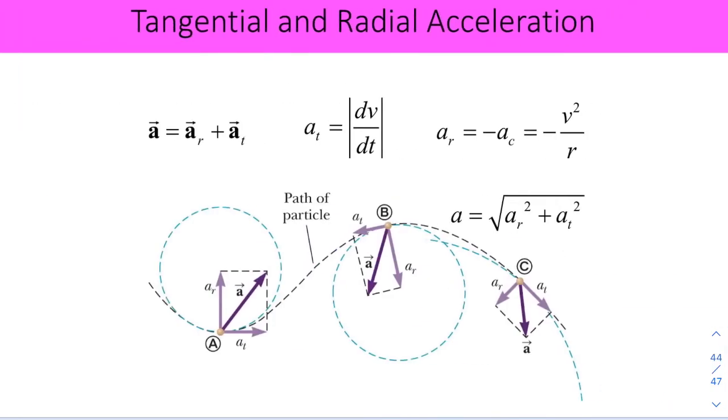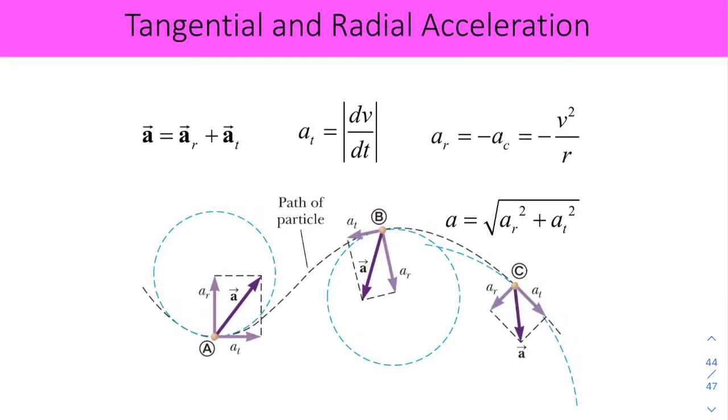Tangential and radial acceleration. At any instance, let's say we take even more general information on the motion of an object. Let's say an object is moving within this path, the black dashed line here, the path of the particle that we are going to consider.